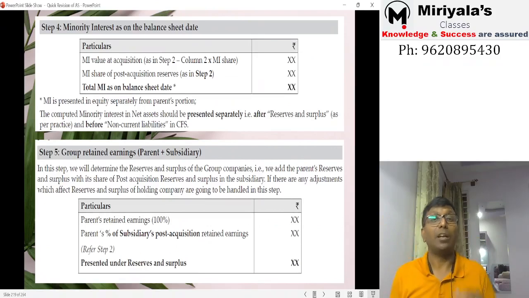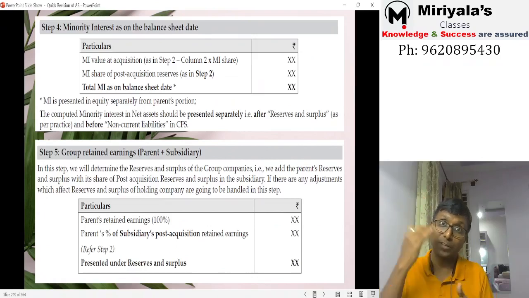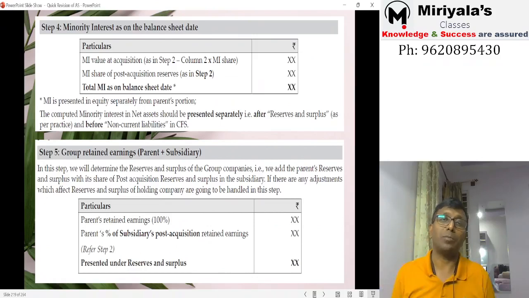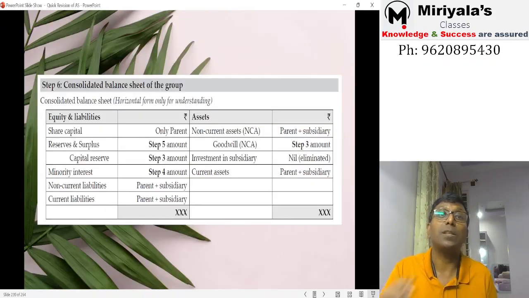Then plus share in the post acquisition profits, because of the post acquisition profits of the subsidiary, our 80% I would have taken, I will add it. Plus or minus some adjustments will be there, which we will discuss in a few minutes. Then the net number should go to the consolidated balance sheet under reserves and surplus.